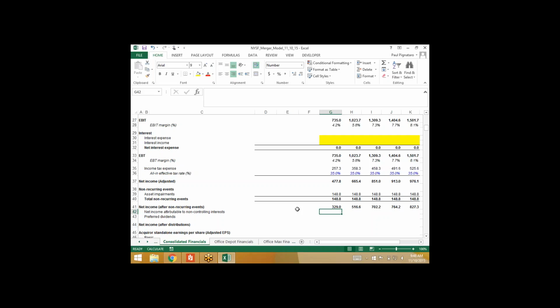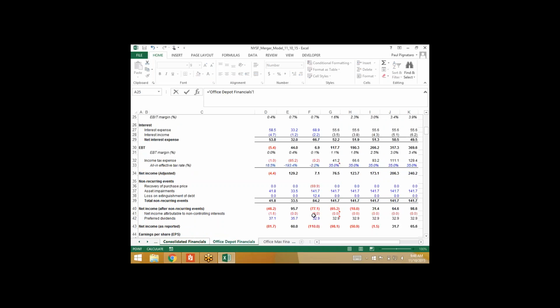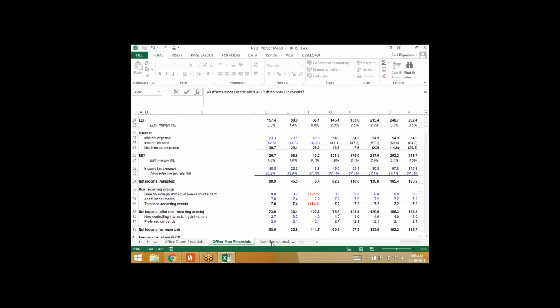Until they do buy him out, we have to keep it as part of the deal. So we will add in acquirer plus target non-controlling interest. The acquirer non-controlling interest stays. It's 0, doesn't matter, it's minimal. The target stays.